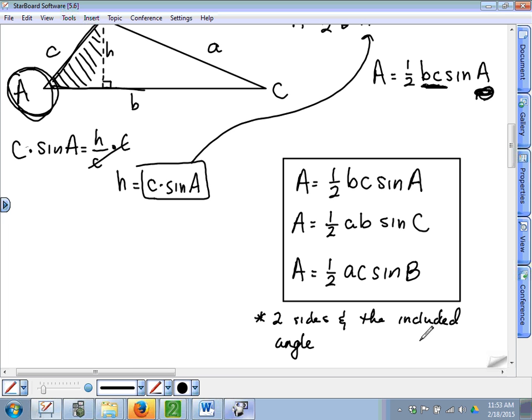It's a really very simple formula too. As long as you can recognize that you have two sides and the angle between them, just plug it into this formula.